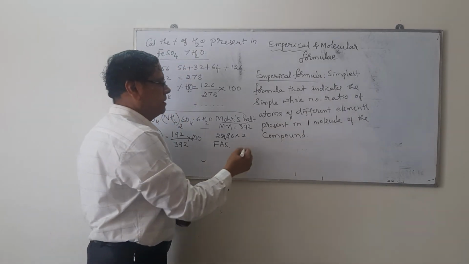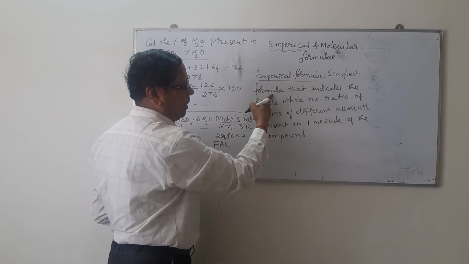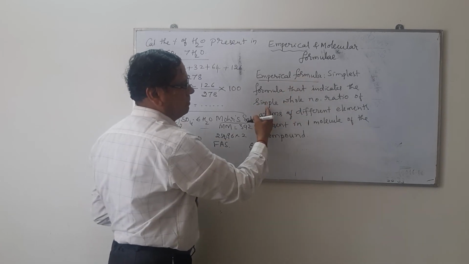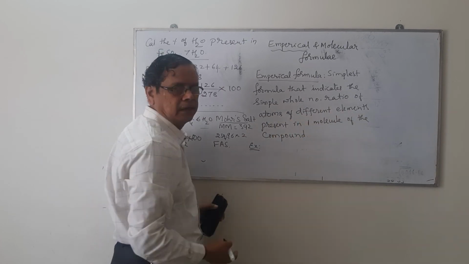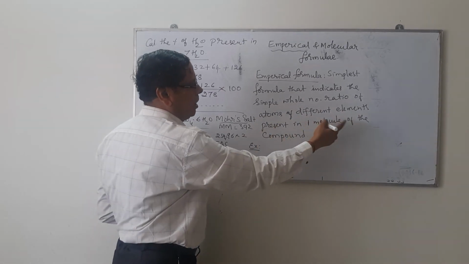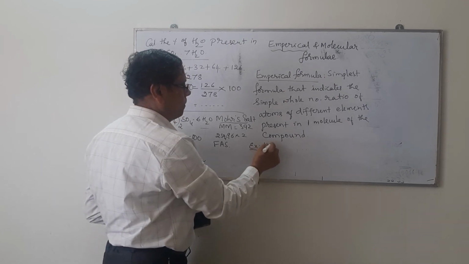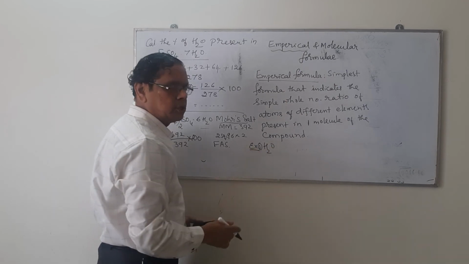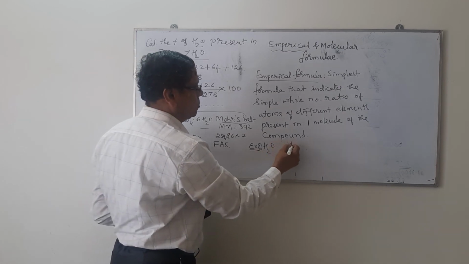So let us take some examples. First, remember, it is the simplest formula that indicates the simple whole number ratio of atoms of different elements present in one molecule of the compound. Suppose you take H2O. Here hydrogen and oxygen are present in the ratio 2:1.